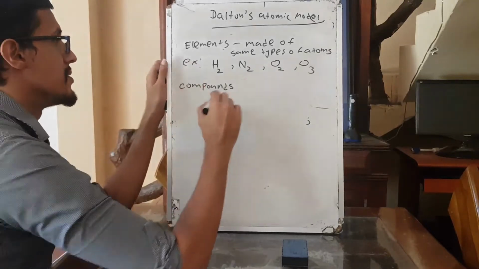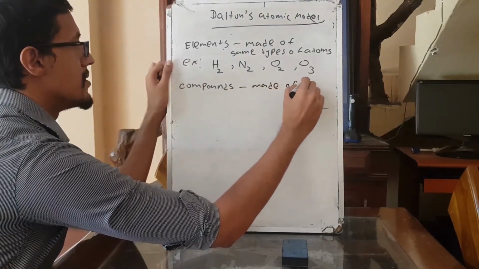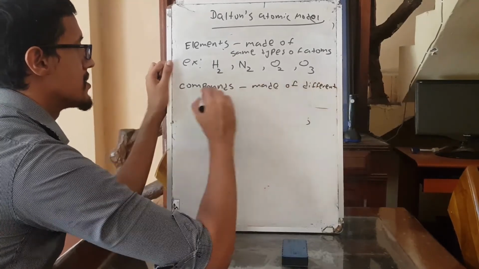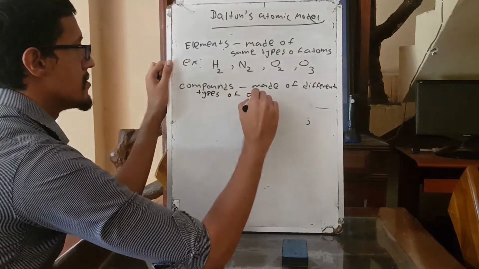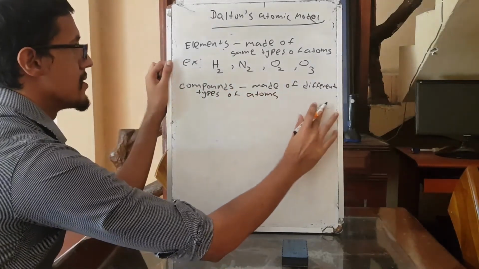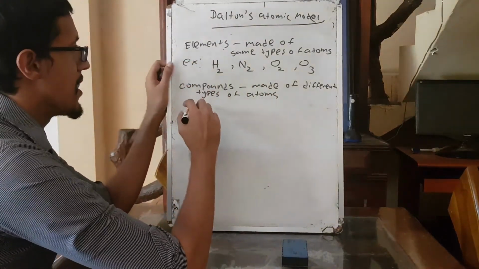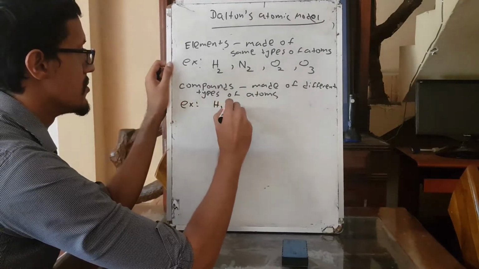Then compounds. Compounds are made of different types of atoms. Example you can write now: H2O means water.